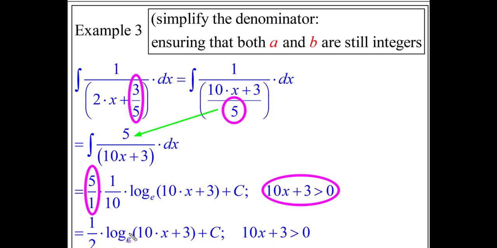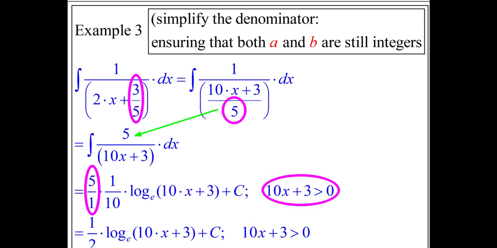So 1 over 10. And then of course we'll go and put log base e, and that should change to 10, and that b should be replaced by 3, and of course we will go and put the condition.